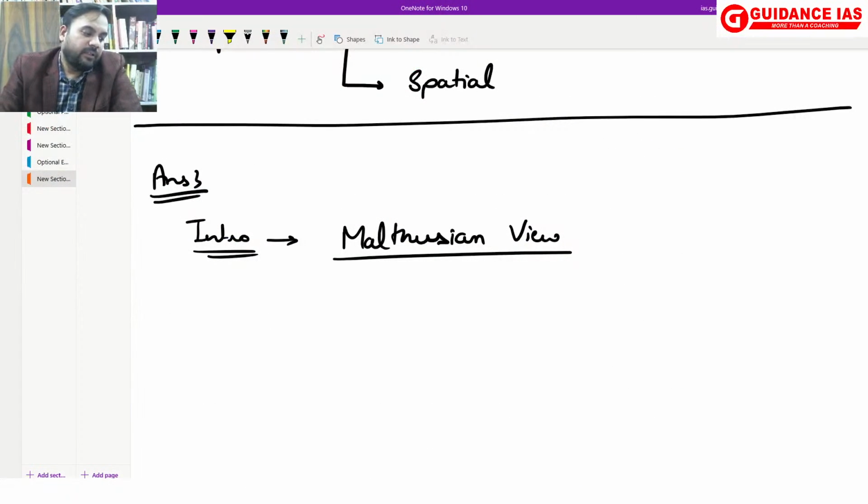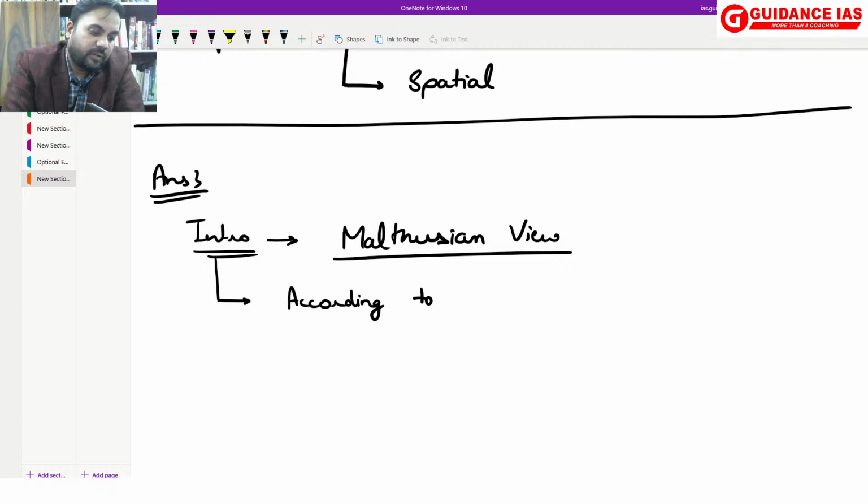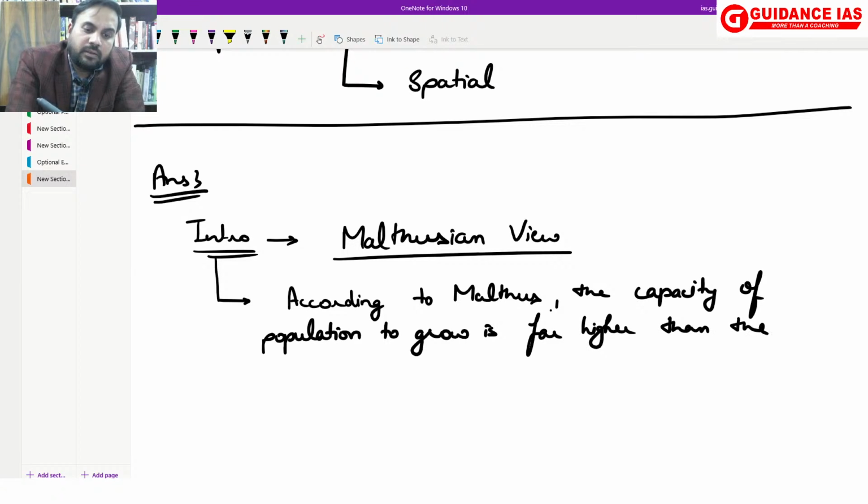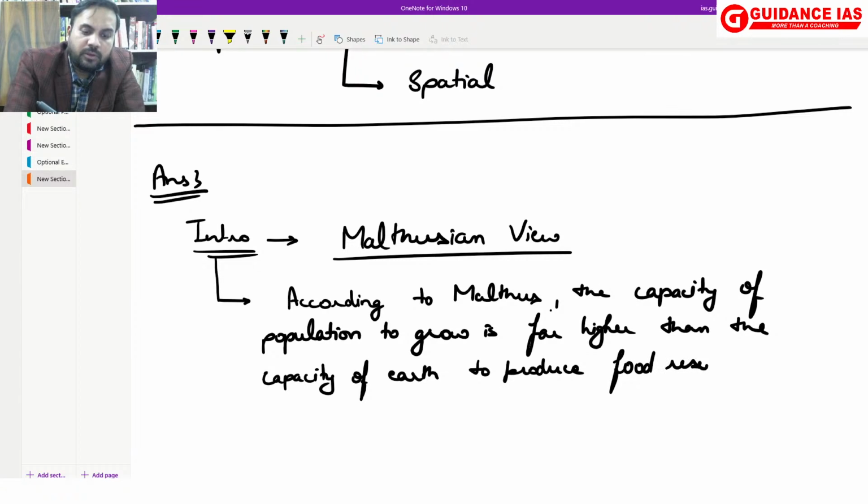So you start with the Malthusian view. You simply say, according to Malthus, the capacity of population to grow is far higher than the capacity of earth to produce food resources.